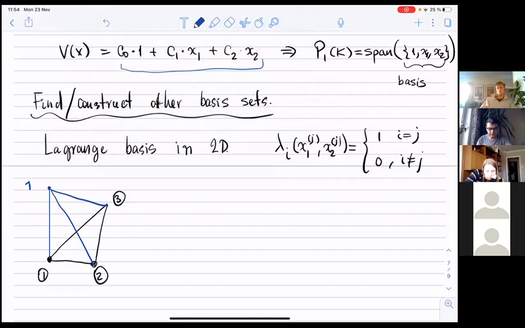How do you say it, is it a pyramid? It's called a pyramid, like a tetrahedron. So this was lambda 1, associated to node 1.